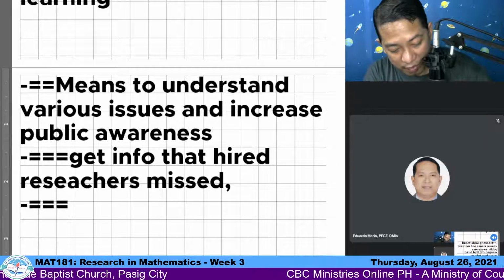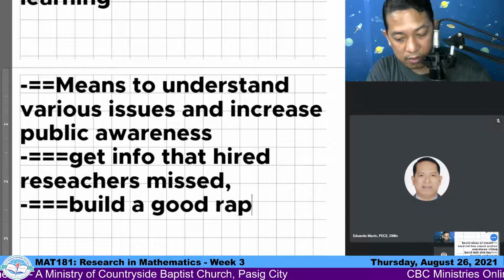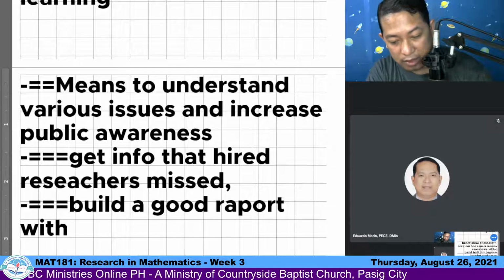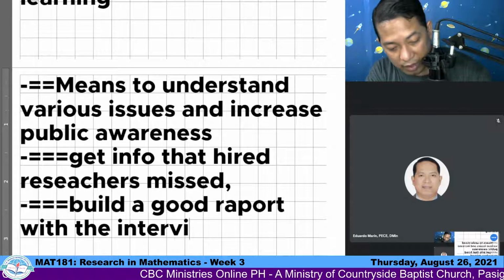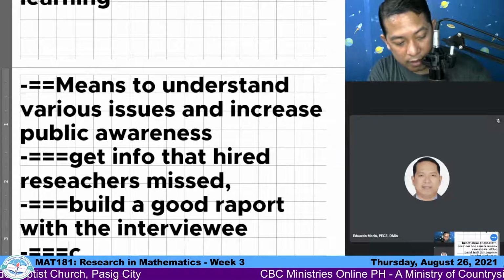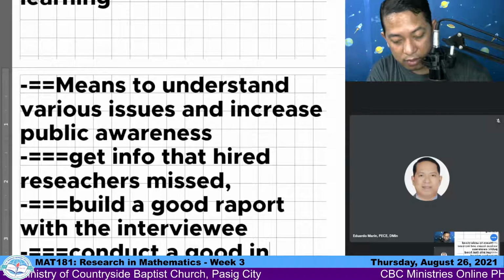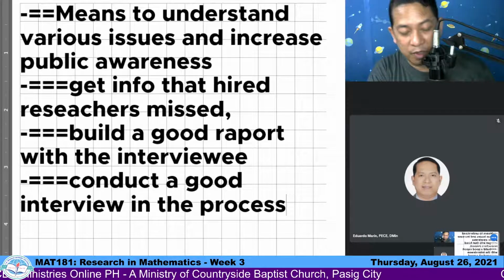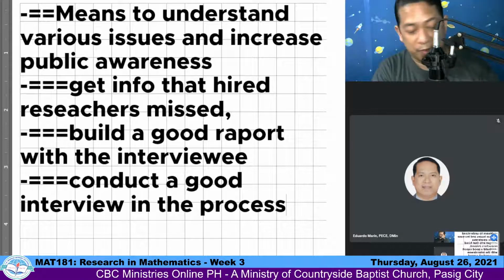Another is to build a good rapport with the interviewee. Ayan, syempre, and then also conduct a good interview in the process, most especially for qualitative research.